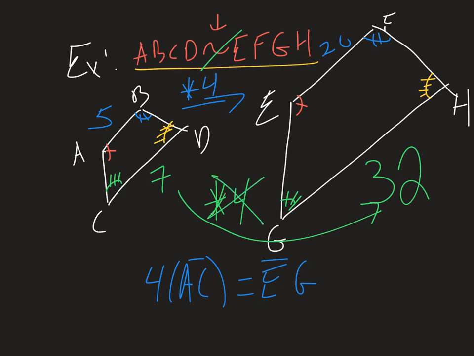So I would be able to say these two are not similar in this case. It's worth mentioning that if you have an angle that's not the same, or one side length where the proportion doesn't hold true, where the ratio between the sides isn't always the same, then you can deduce that it's not similar.